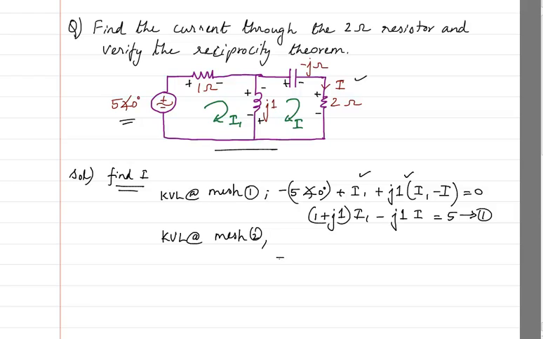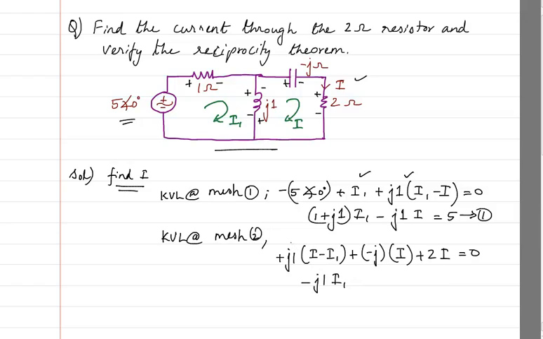It will become plus j1 (I minus I1), plus and minus, so plus of minus j I, plus 2I is equal to 0, from which I can separate out I1 as minus j1 I1 and then put all of the others together.